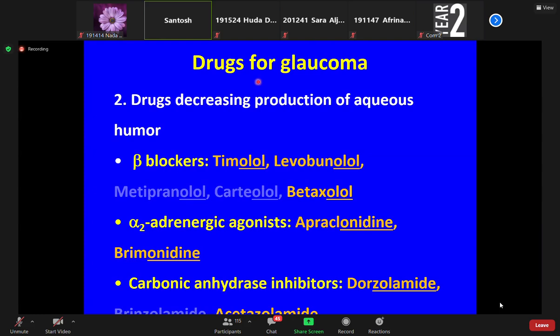But if it is fixed and not able to move, it may not be able to open the angle immediately at that very high pressure. So once the pressure comes down, the iris muscles have enough space to move, open the angle and cause the miosis. Okay, thank you, doctor.